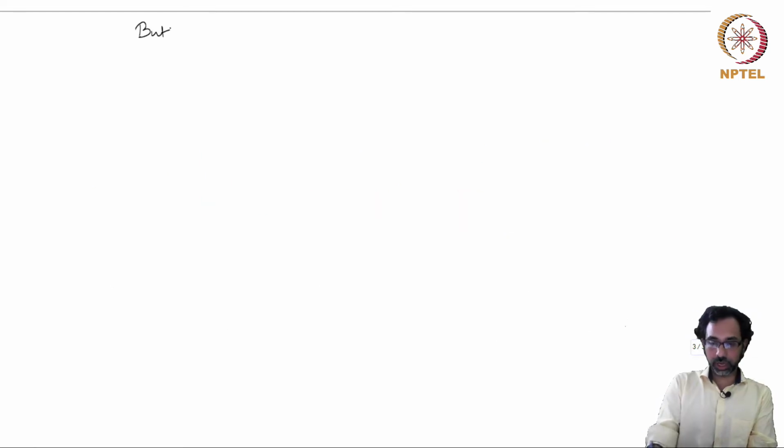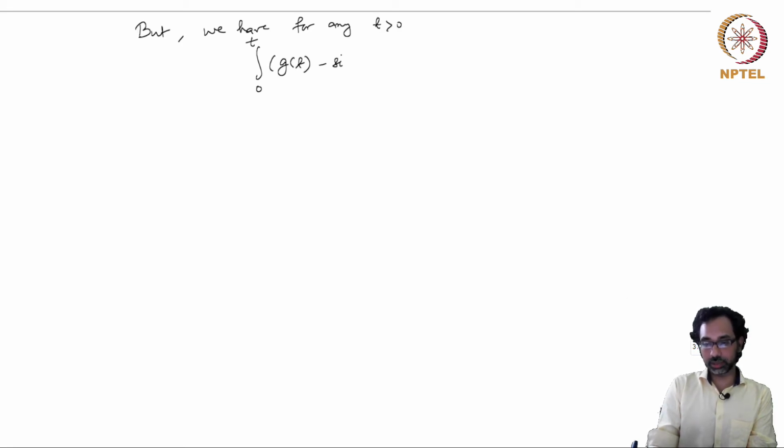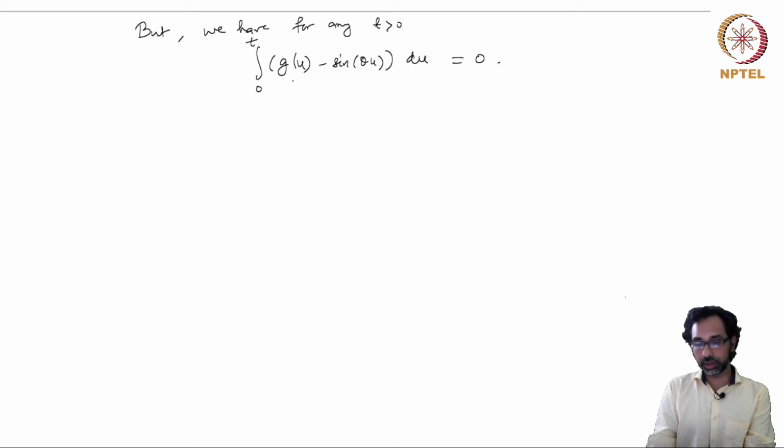But note that we have this following nice property. For any t positive, the integral from 0 to t of g(u) minus sine theta u du is going to be 0, because the difference is only non-trivial at just one point.